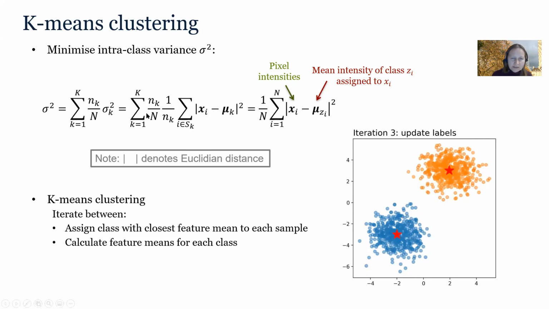This can be simplified to the average distance of each sample from the center of the class to which it has been assigned. So intuitively, we can now see that the cluster centers and the clusters can be found by assigning to each sample the class with the closest feature mean, and then recalculating the feature mean for each class after assignment.